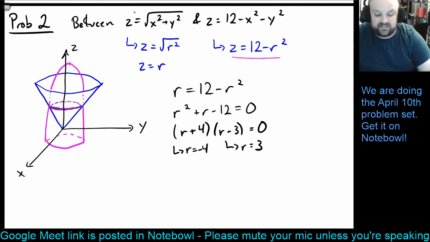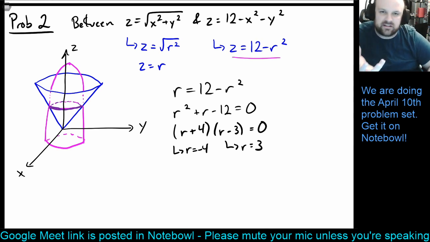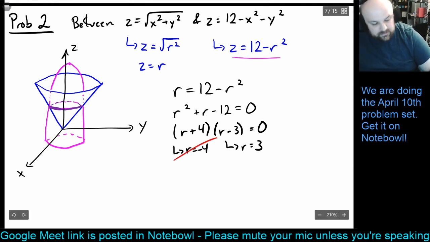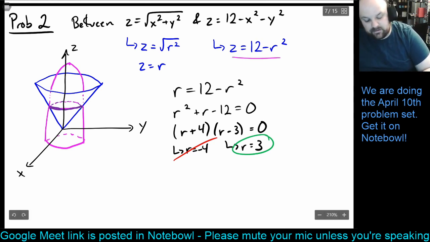If we had z squared equals x squared plus y squared, we'd get a cone that opens up and down. It would kind of be like an hourglass shape. And that's what this negative 4 is. But we don't want that one. We want this one, because that's going to represent this value.